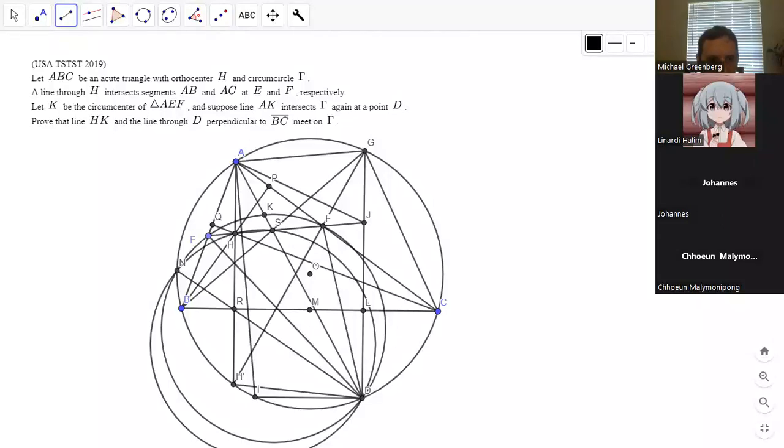Kind of like that idea. So we can get the power of A with respect to both those circles. But I'm not sure what other point.